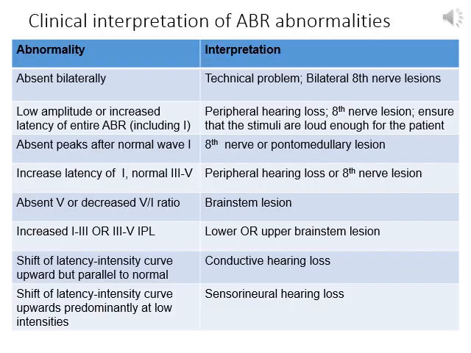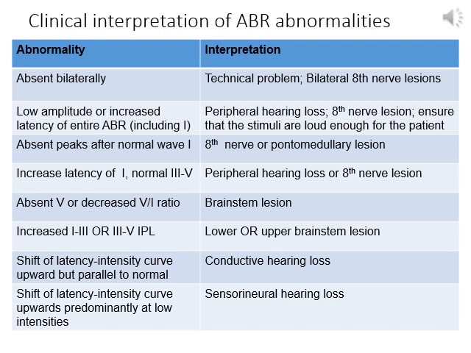This is a chart showing the various possible BAEP abnormalities and their clinical interpretation. If the BAEPs are absent bilaterally, then one needs to rule out a technical problem, or it may indicate bilateral eighth nerve lesions.